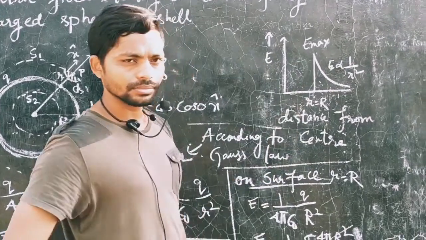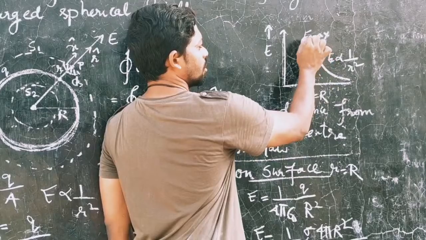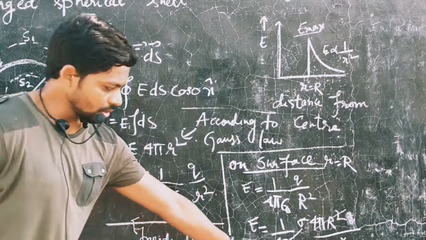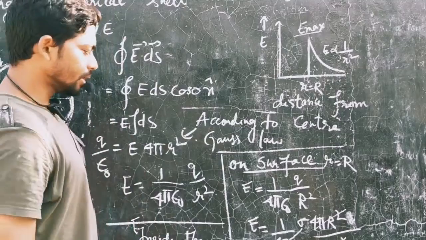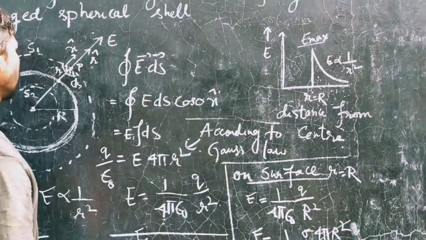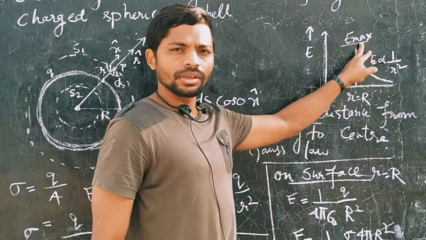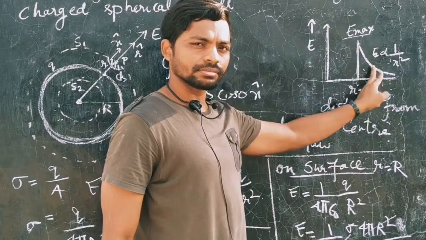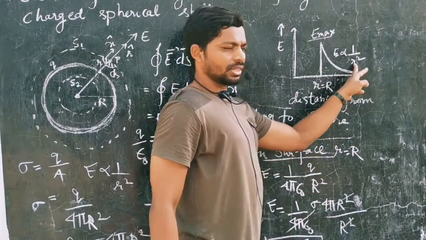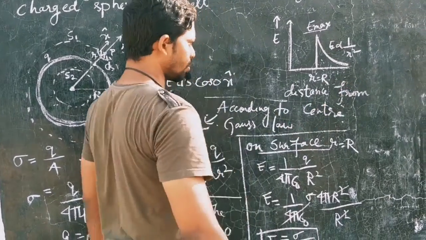Exactly on the surface it is maximum, having a value sigma by epsilon naught. Then as we move away from the spherical shell, the electric field intensity shows a decreasing trend, E inversely proportional to r square, which is given by this equation.